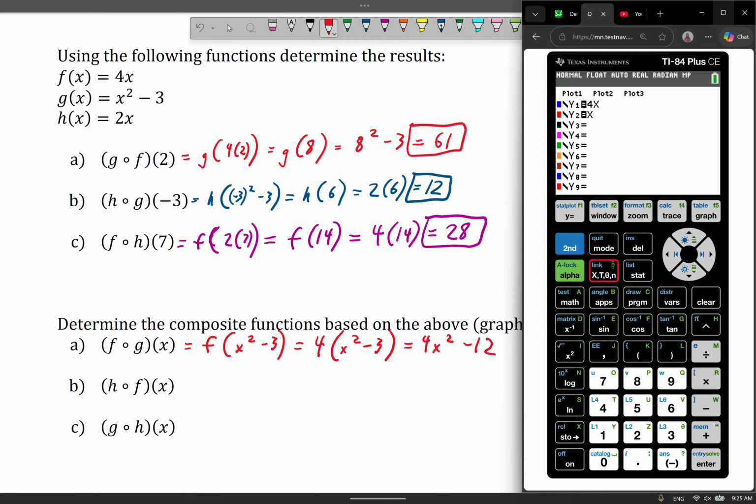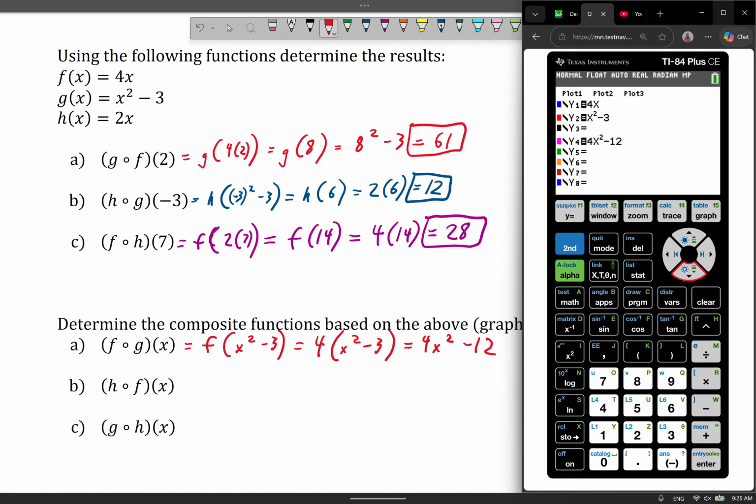We're going to put in x squared minus 3 here. And when we graph this, we want to compare it to what we think we have, to verify. So this is what we think is the function within a function. And so when we graph it, that pink one is what we think it's going to be.